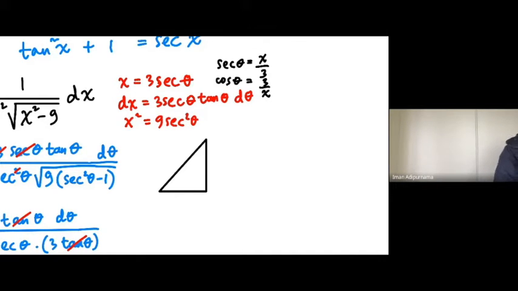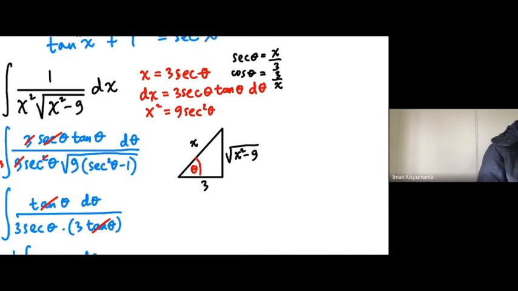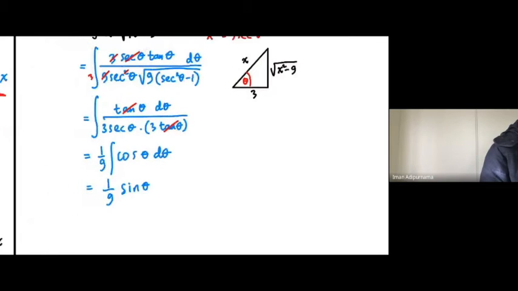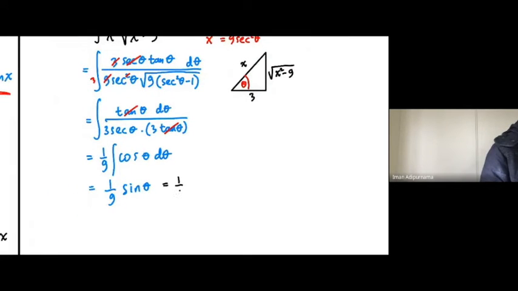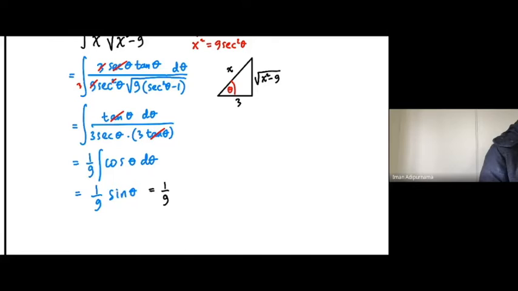So let me draw the theta here, and then 3 and x. And this becomes the square root of x squared minus 9. So sine theta becomes that over x, and plus C.